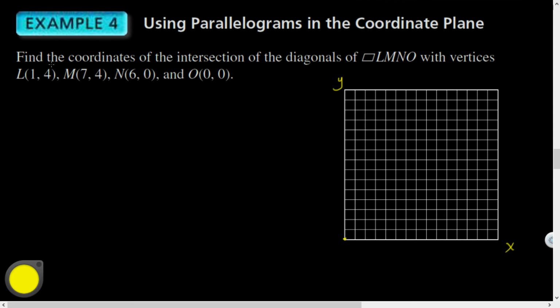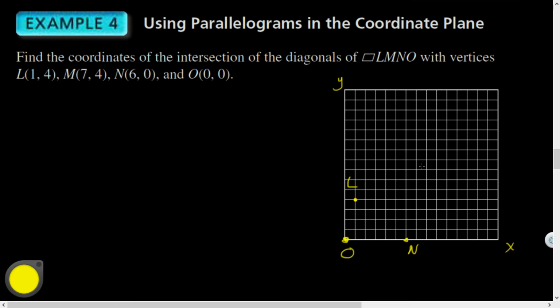It looks as though all of these points are in quadrant 1. L is at 1, 4. 6, 0. And 7, 4, M. Over 7, up 4.